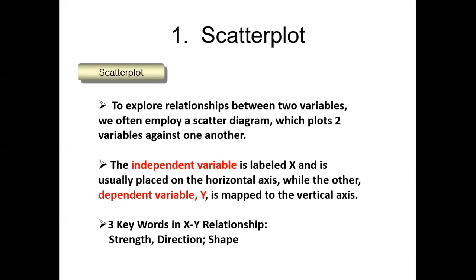How strong the relationship between two variables is, what the direction of the relationship is, and what the shape of the relationship is: these three elements are very important findings when you see a scatterplot.